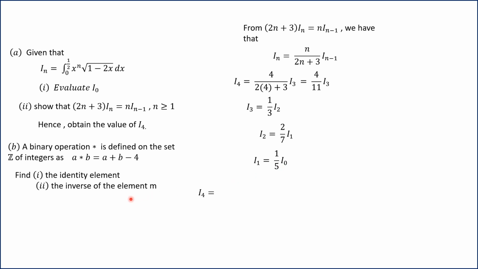What is I_0? I_0 is what we initially evaluated in the first Roman numeral 1 of the A part, and that value was 1/3. So when we put everything together and simplify, we are going to have 8/3,465. So that's basically what we have for that question.